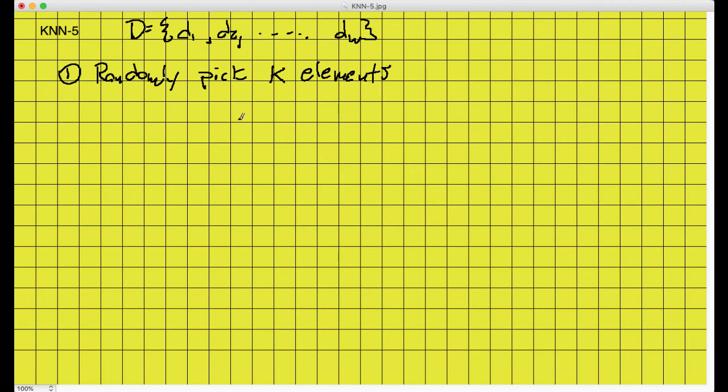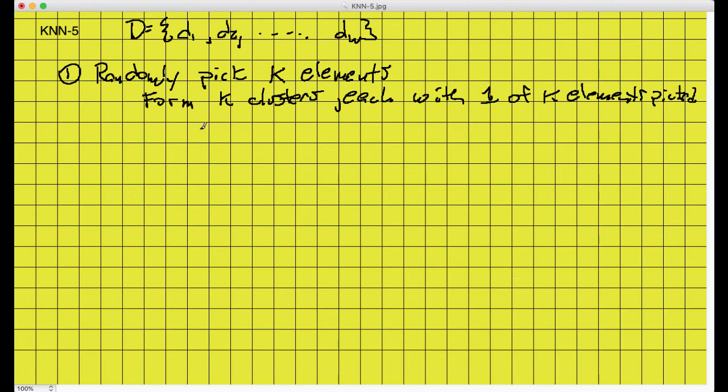Doesn't matter how you do it. And I am going to form K clusters, each with one of the K elements picked.